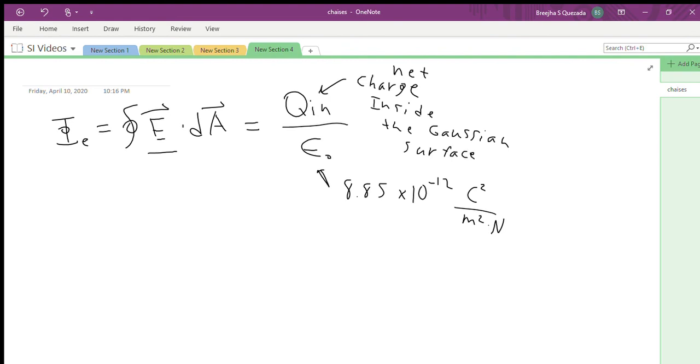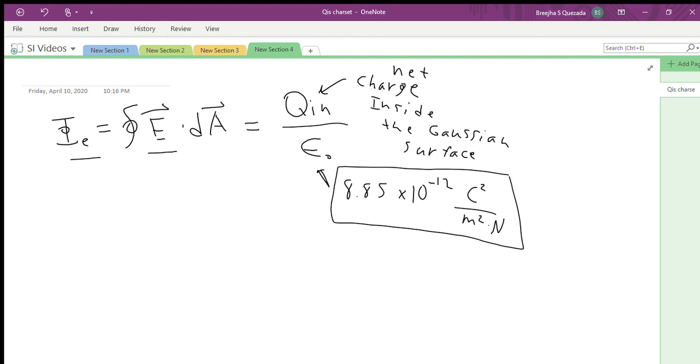If we know the flux, this term here, we are very close to knowing Q net, since the permittivity constant is known. This is considered a universal constant. Then we're only a short way from knowing the strength of the E field, since we know the area.